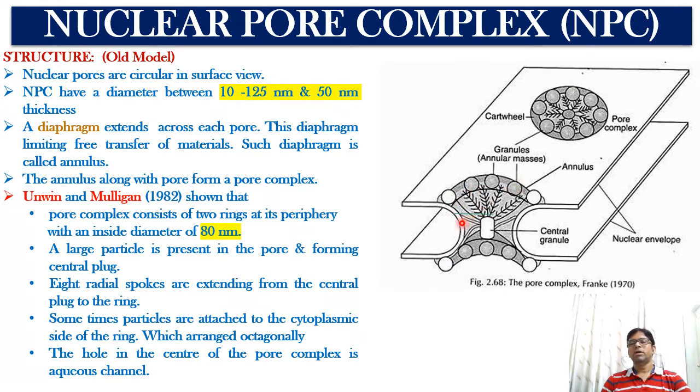A large center particle forms a central granule or central plug. 8 spokes extend radially from the central granule to the peripheral rings.